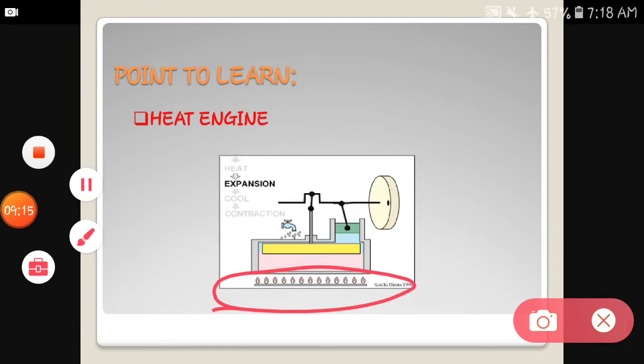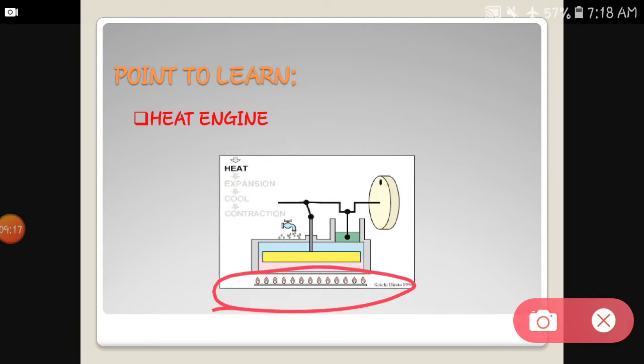Heat is being provided by burners directly. So the heat engine receives heat from a source, and we are going to call it a reservoir. The heat received from the reservoir will be converted into work done.